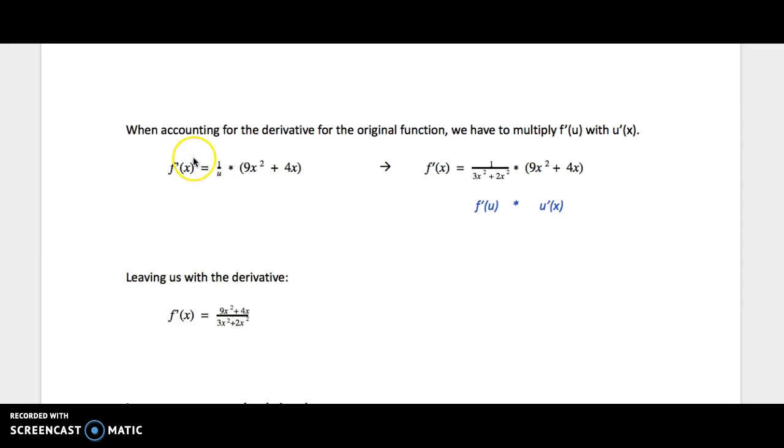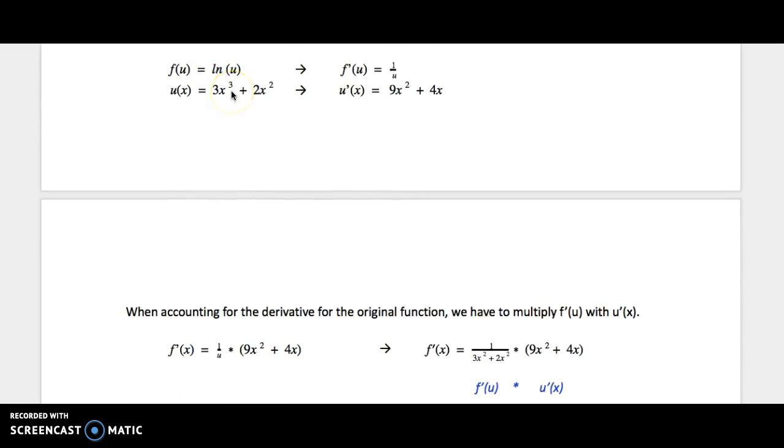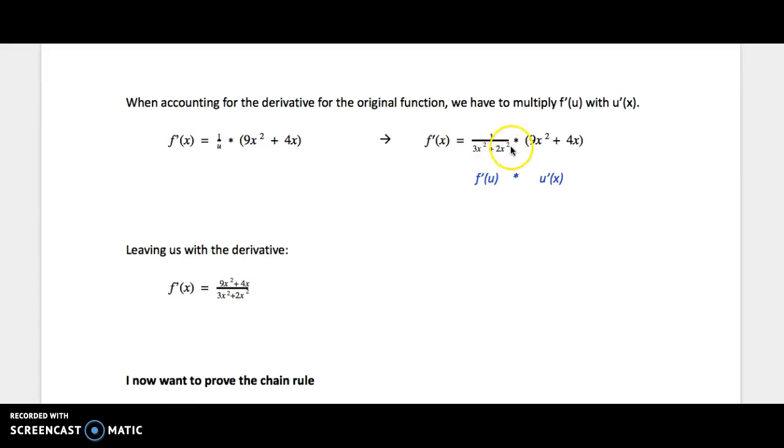So my derivative f prime of x is equal to 1 over u times 9x squared plus 4x. Because we know our u value that we calculated up here, we can plug it in, which I've done over here, leaving me with f prime of x equal to 1 over 3x cubed plus 2x squared times 9x squared plus 4x.